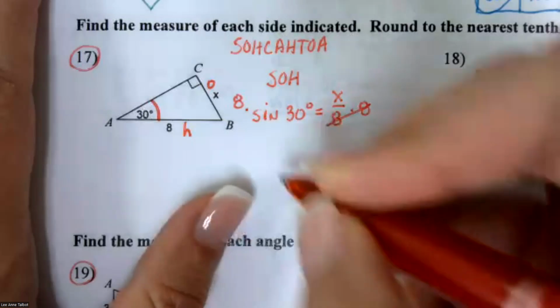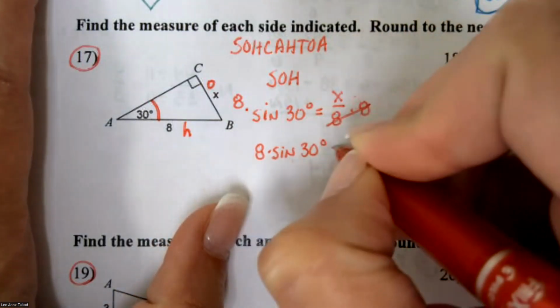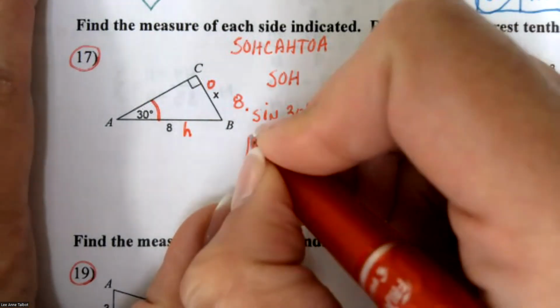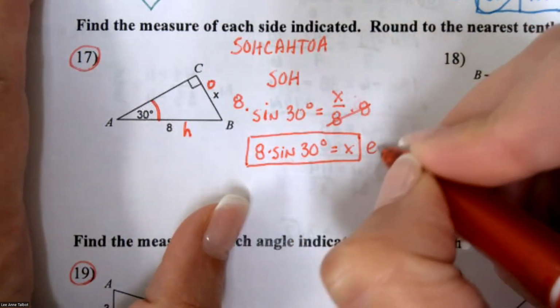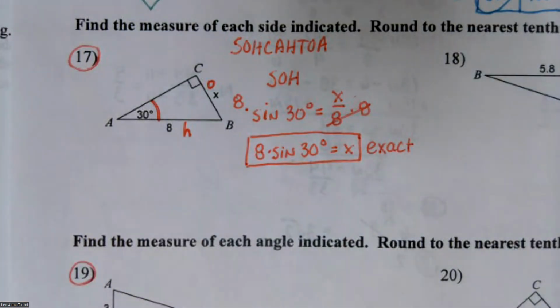Multiply by 8 on both sides. This is how you will leave your answer on the quiz. This is called exact form. So at that moment is where you would walk away from that problem. You wouldn't have a calculator. You couldn't go any further, except that I'm a weirdo.